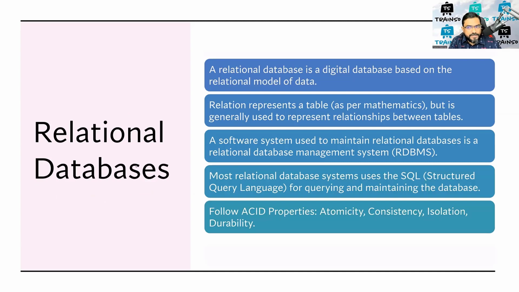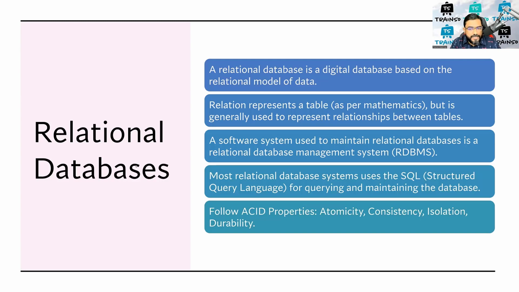A relational database is a digital database based on the relational model of data. Relation represents a table as per mathematics, but in general, it is used to represent relationship between tables in case of relational databases. A software system used to maintain relational databases is a relational database management system.